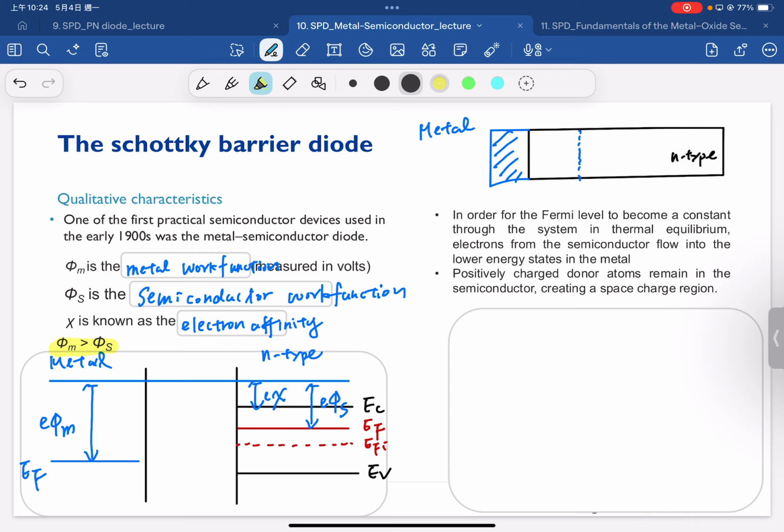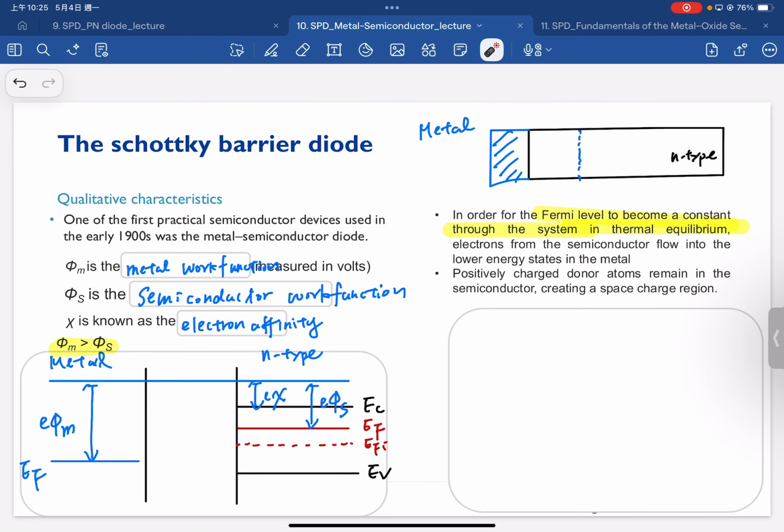But now, if we contact these two materials and put the metal on top of the semiconductor, the first important thing is that the Fermi level becomes constant through the system, because this is the case of thermal equilibrium.